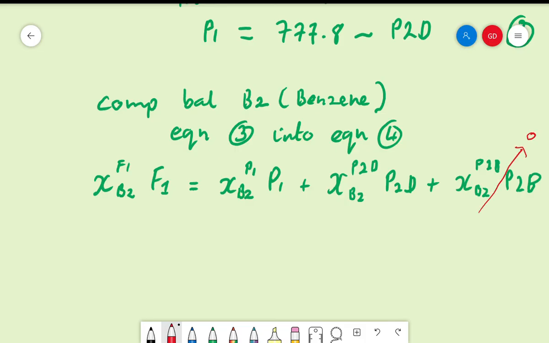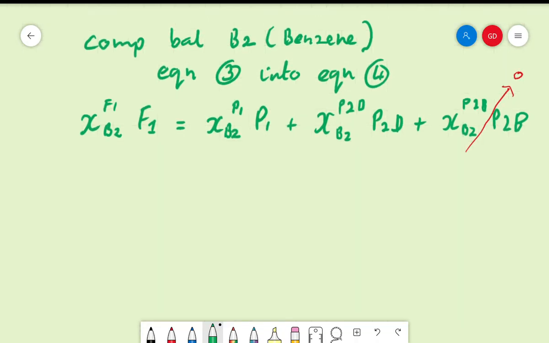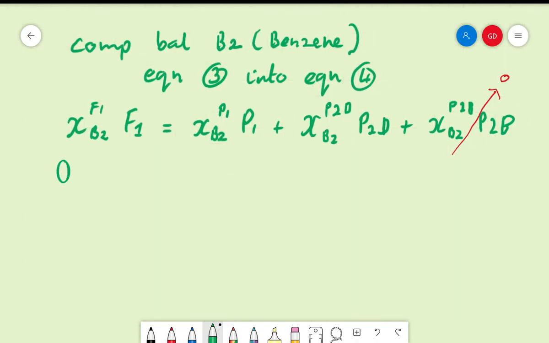Okay, so now that reduces your equation. So you're going to focus on the 3, this one, and that one as well. Okay, so now you substitute. So in the F stream, we know that benzene is only in the stream.